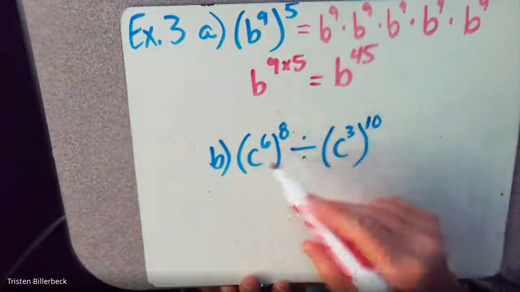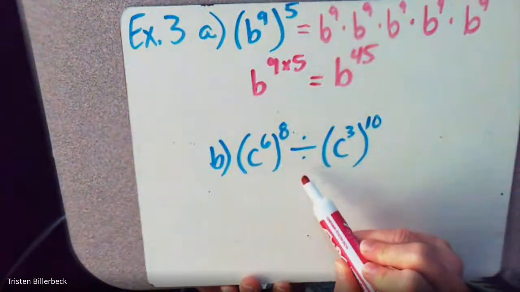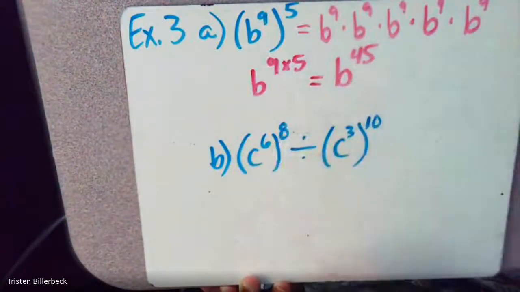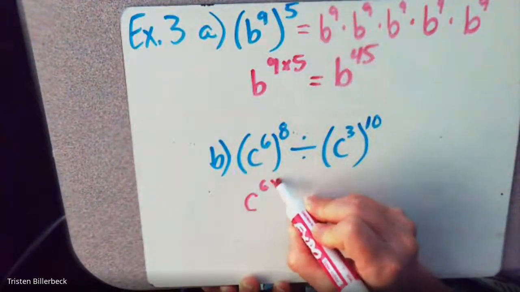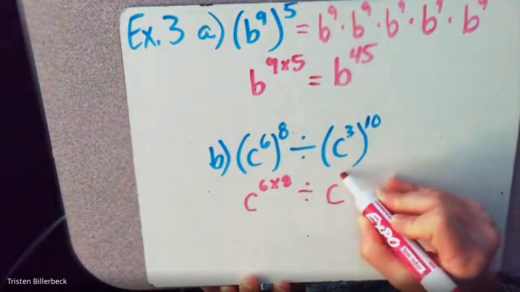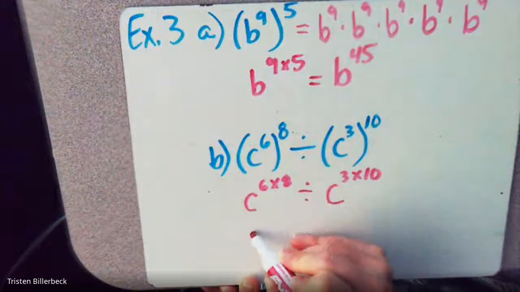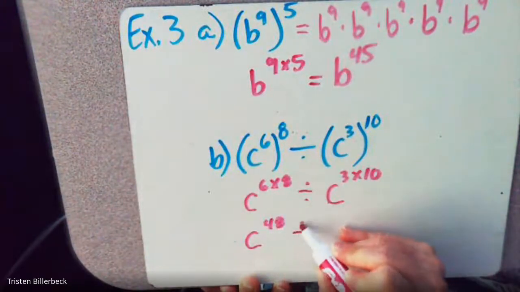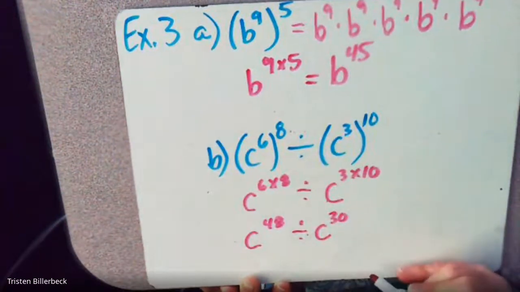Well, first let's do each one of these terms before we deal with this division sign. Okay, so if we know that we're multiplying those, this becomes c to the 6 times 8 divided by c to the 3 times 10. So we have c to the 48 divided by c to the 30.